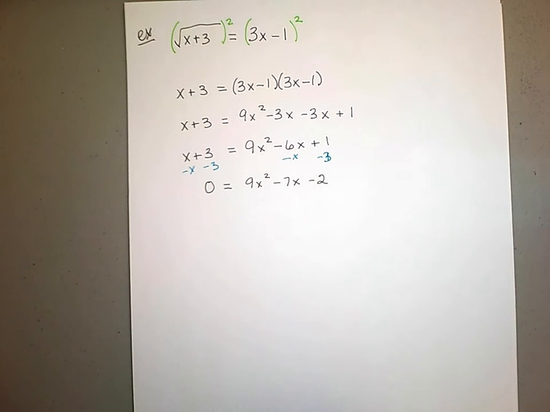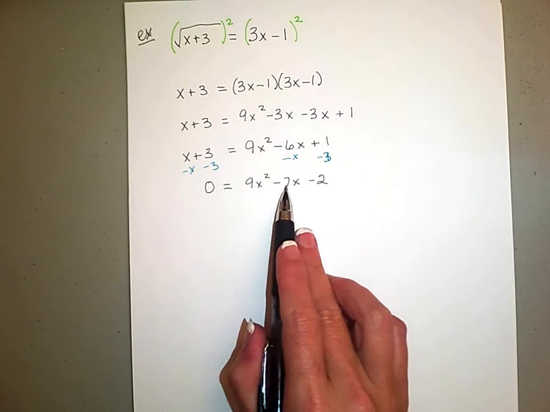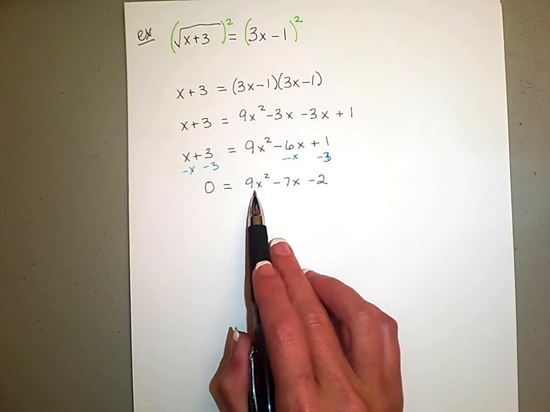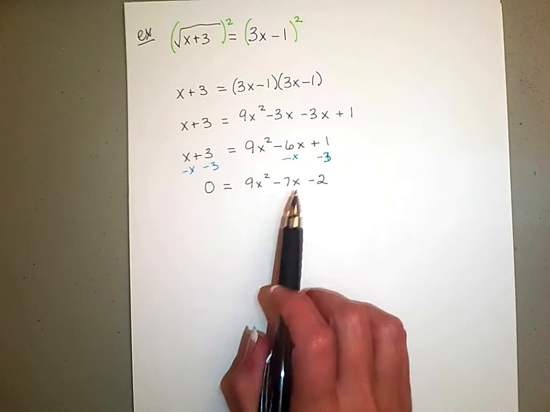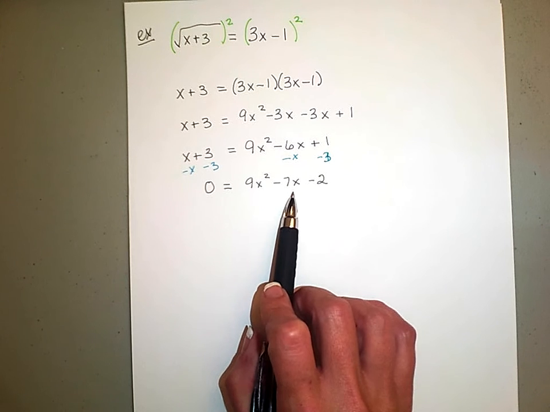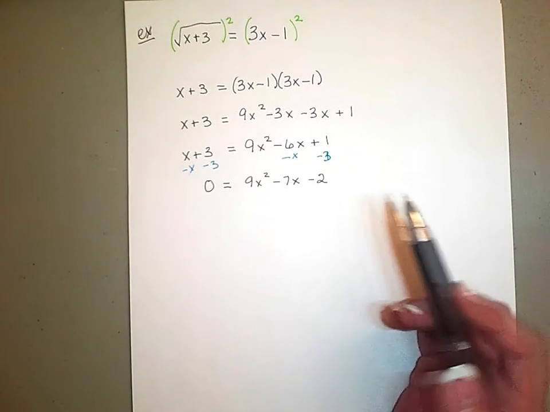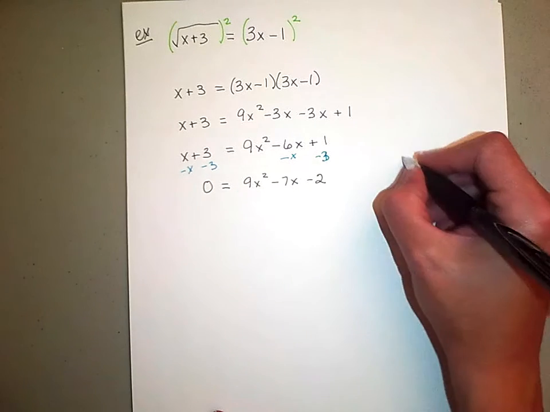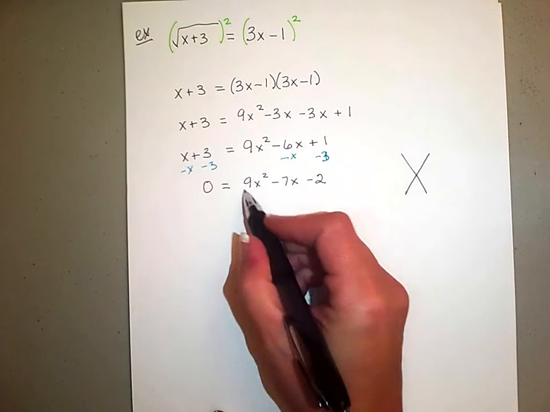And we can use any of the methods that we have to solve this. I am unsure if this will factor. The leading coefficient is not 1, so I don't want to complete the square. Let's do a quick check with the AC method to see if it'll factor.